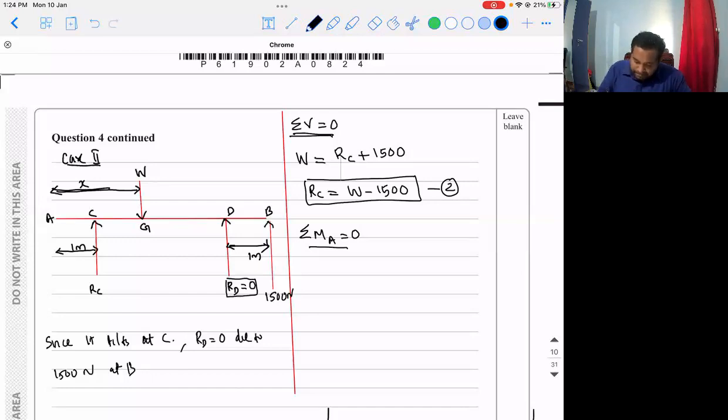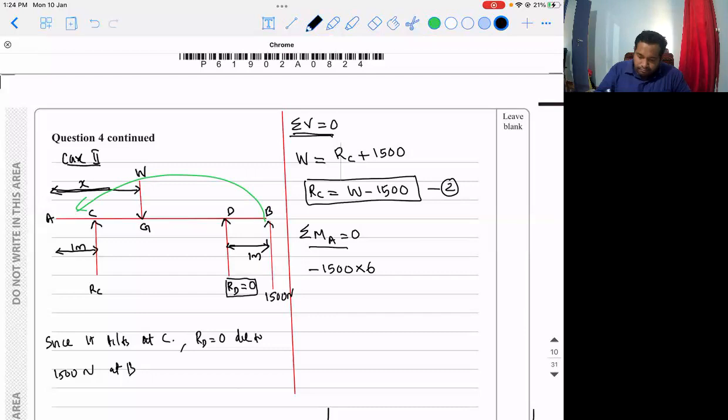So that means 1,500, right? So 1,500 times 6. Am I right? 1,500 times 6. So that is anti-clockwise.